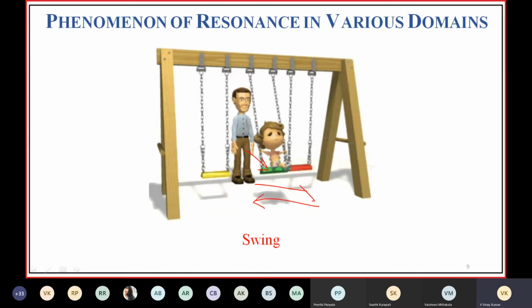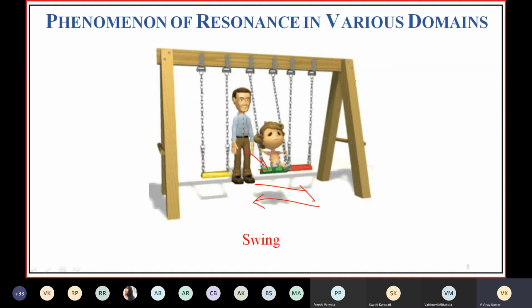If a series of regular pushes are given to the swing, then you can increase the motion of the swing, right? If you give irregular pushes to the swing, you can't increase the motion of the swing.